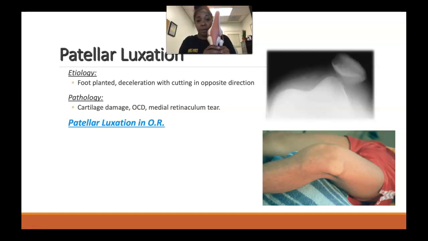And these are very common and probably will happen as you enter into your clinical rotations. And so pathology-wise, what we want to look for is, number one, as they dislocated out of their knee joint, right? So imagine that I'm dislocating out of my knee joint. When I dislocated, did I injure any of the bone on the backside of the patella, number one?